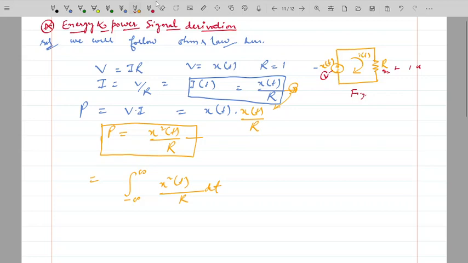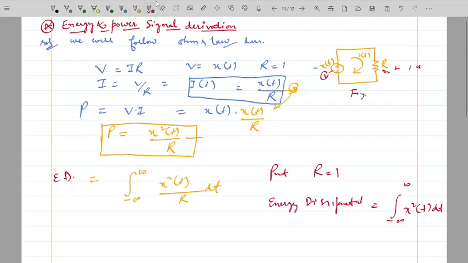We substitute R equal to 1 here, then we get the energy dissipated, ED, equal to the integral from minus infinity to infinity of x square of t dt, where the resistance load is 1.